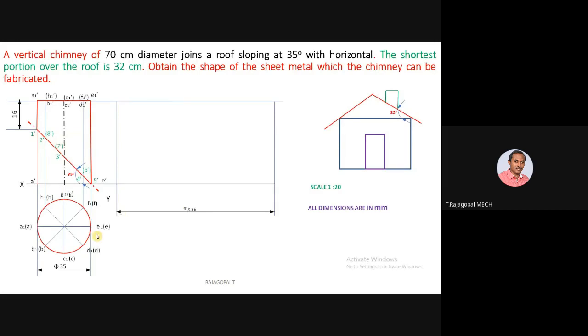Why, sir, this 35? Whatever the division you did, 8 divisions, here also you have to divide this entire pi into 35 into 8. If you followed 12 divisions, here you have to divide into 12 divisions. That's why whatever dimension value you used to draw this circle has to be repeated here.